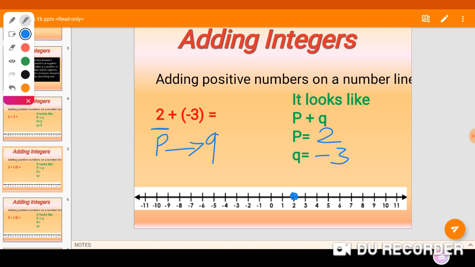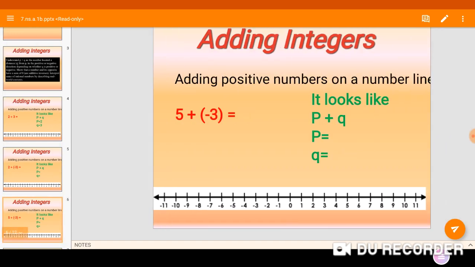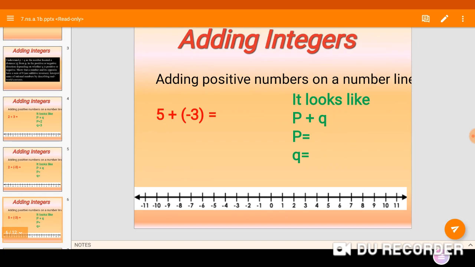And we want to go left or right? It's negative, so we'll go to the left-hand side. 1, 2, 3. What is the result now? Yes, the result is negative 1. That's right.